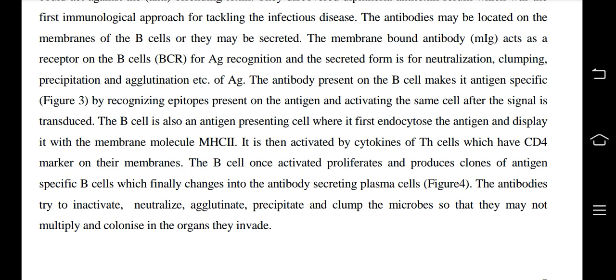The B cell is also an antigen presenting cell where it first endocytoses the antigen and displays it with the membrane molecule MHC2. It is then activated by cytokines of TH cells which have CD4 marker on their membranes.